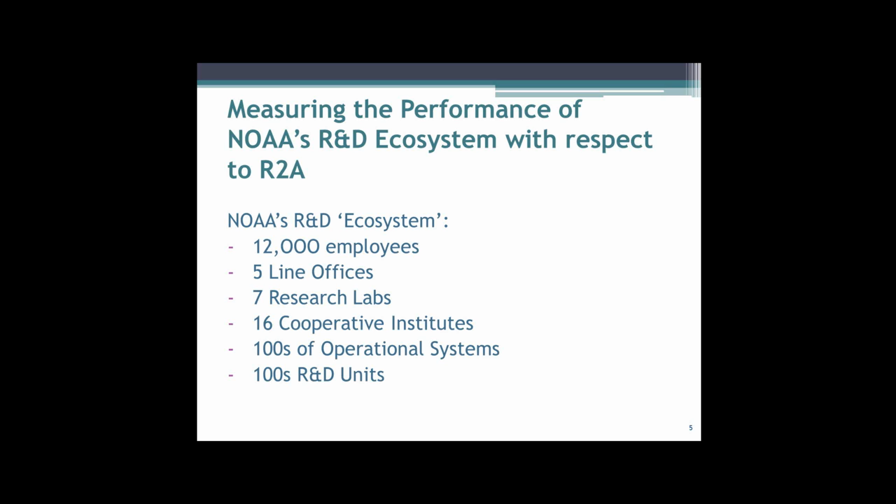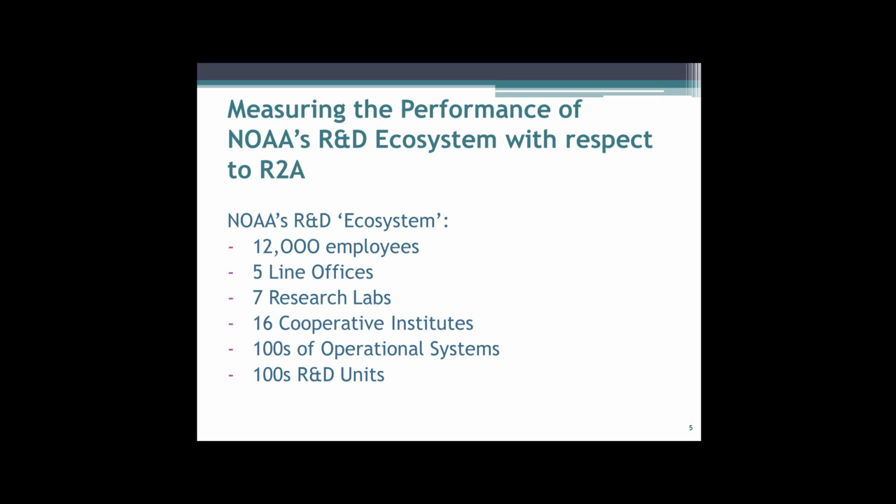All these different aspects of the ecosystem are addressing different types of transitions, and they may or may not be efficient or cost effective, but over the years this has served NOAA quite well, and a lot of the new services and products that we deliver to the public have followed this nurturing in this ecosystem.